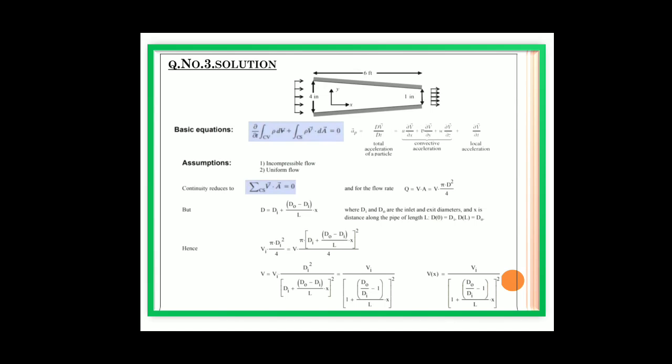Hence vi into pi di square by 4 equal to v into pi whole bracket di plus (d naught minus di) by L into x whole bracket to the power square.